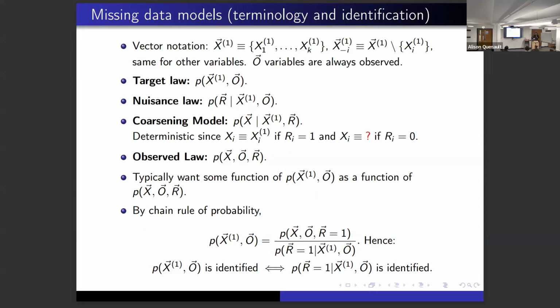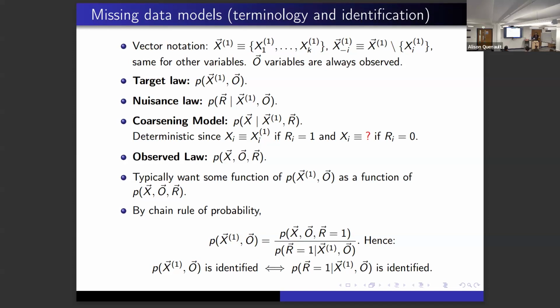We're going to talk about vectors of variables. We're going to talk about all the variables but X_i with the minus i. And we'll have various names for distributions. Target law is the set of variables that are potentially missing and the set of variables that are always observed. That's like variables in my problem.